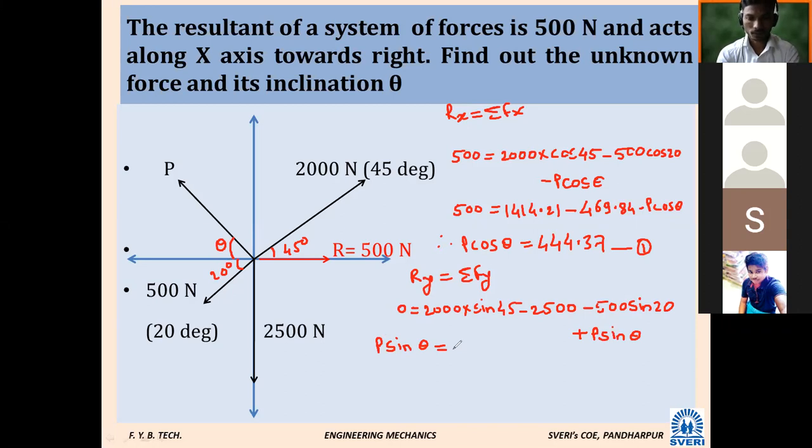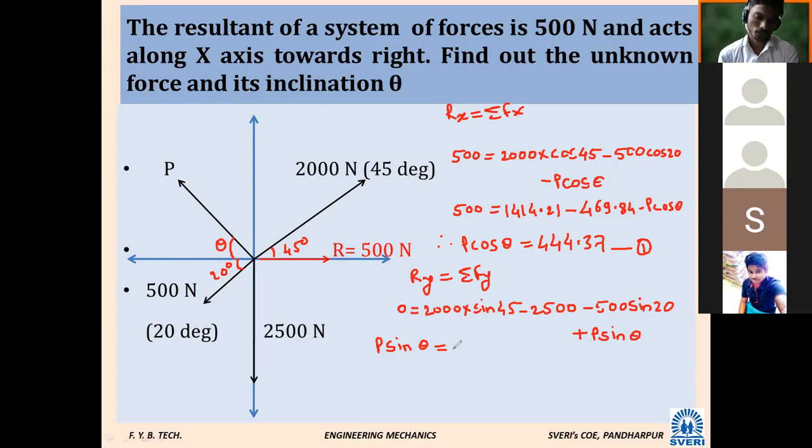So I will write 500 into sine 20. On the other side it will become positive, then plus 2000 sine 45, and this one will become minus 2500. The value is 1256.79. Is it positive? Yes, sir, it is positive.